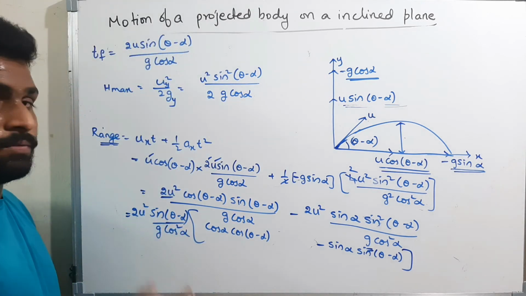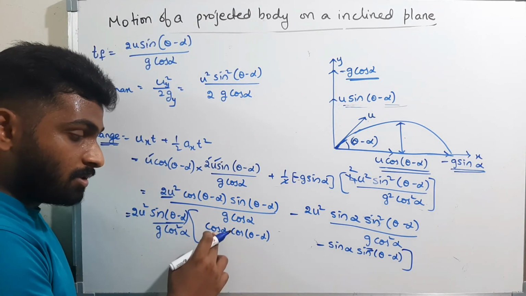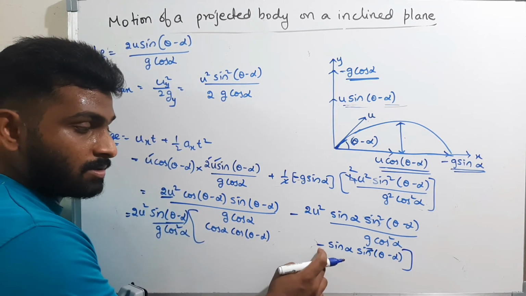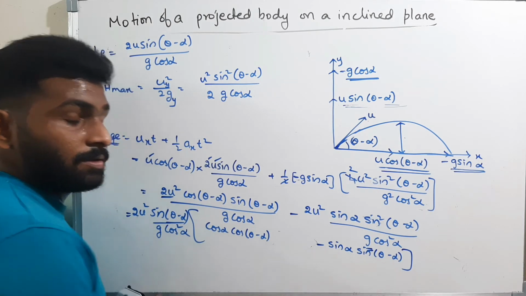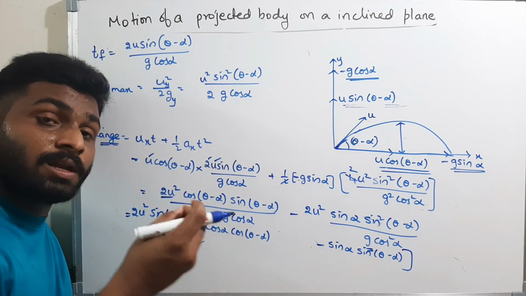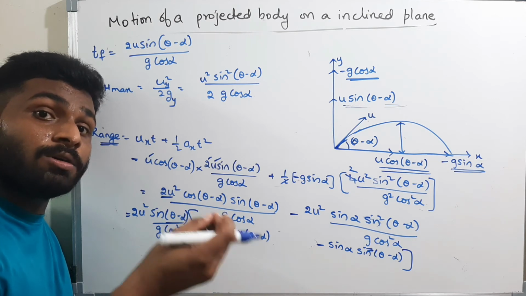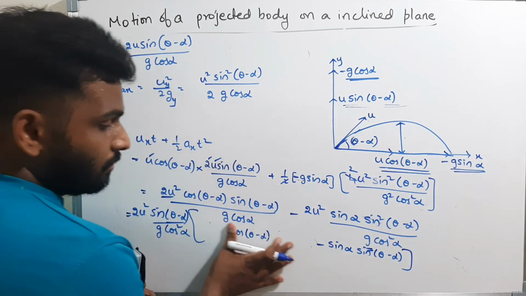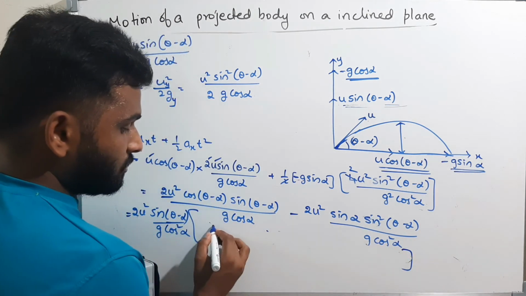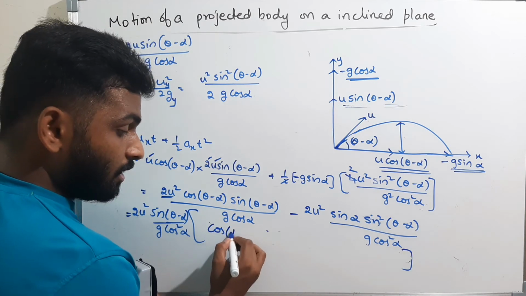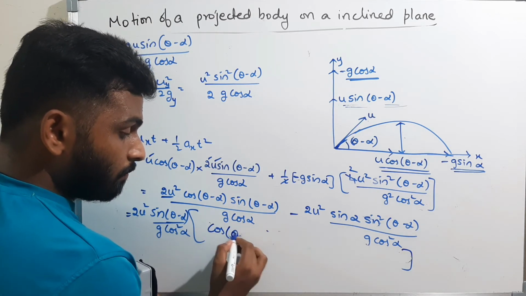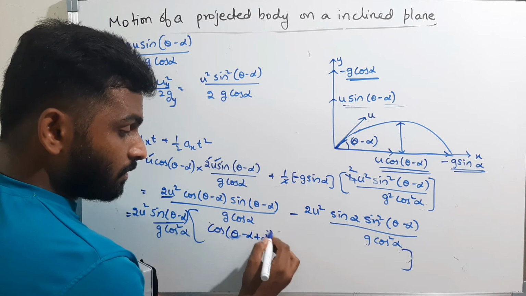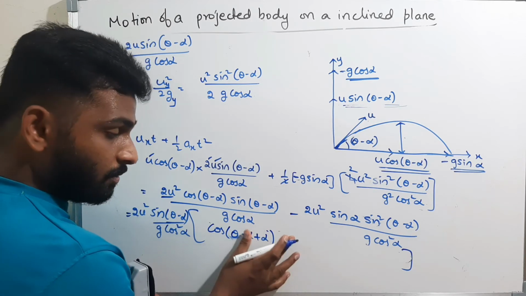Now simplify, which is in the form of cos A cos B minus sin A sin B. What is the formula? That is nothing but cos(A plus B). Therefore, instead of the whole term I can write cos(A plus B), that means minus alpha plus alpha will be cancelled off.